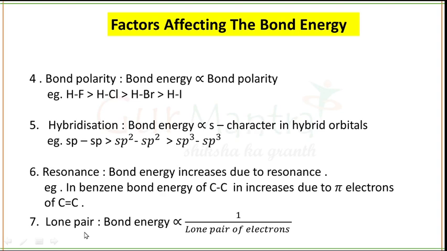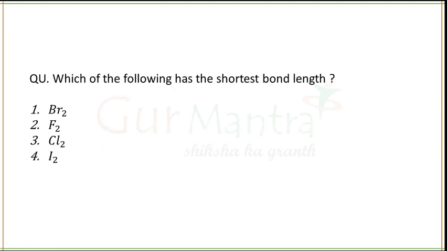So you need to learn all the relationships between all the formulas. Now there is a practice question. You need to solve this. The question says, which of the following has the shortest bond length? I would recommend you pause your video here and do it quickly by yourself.